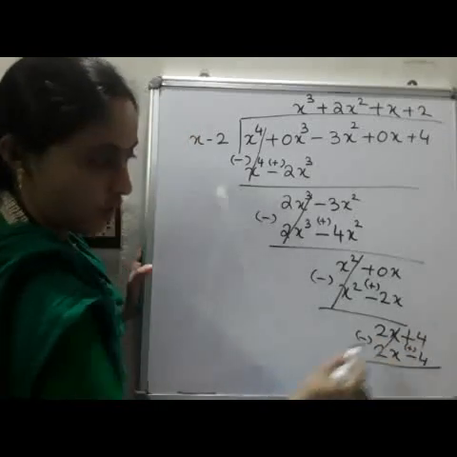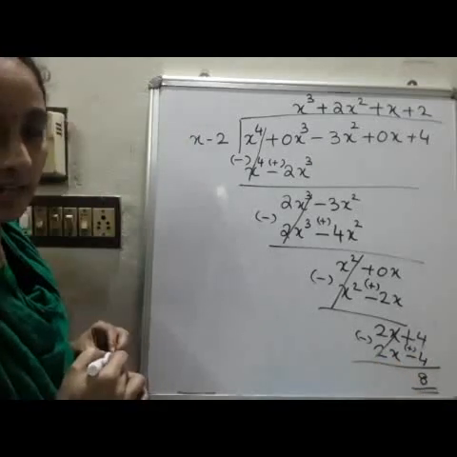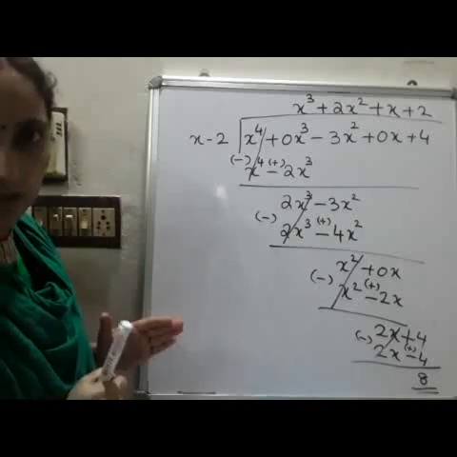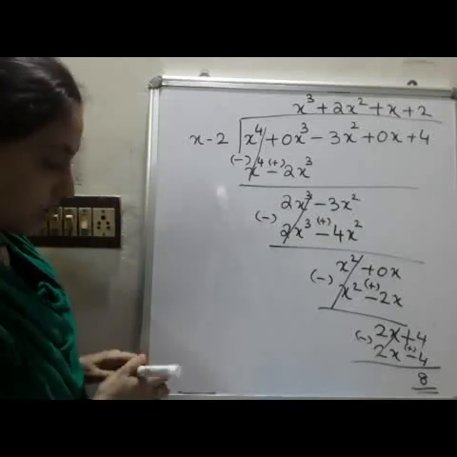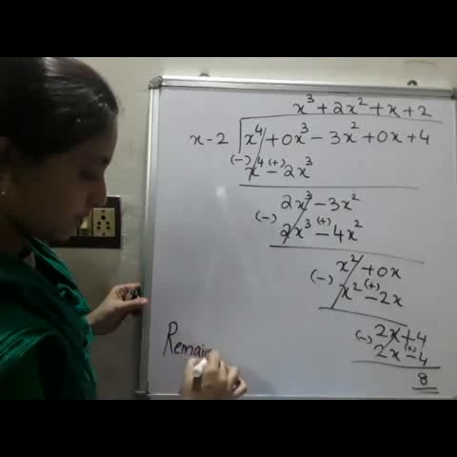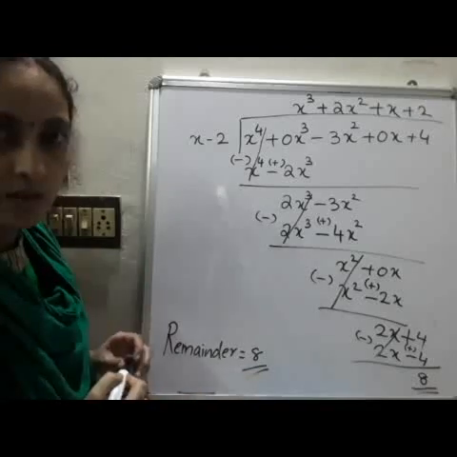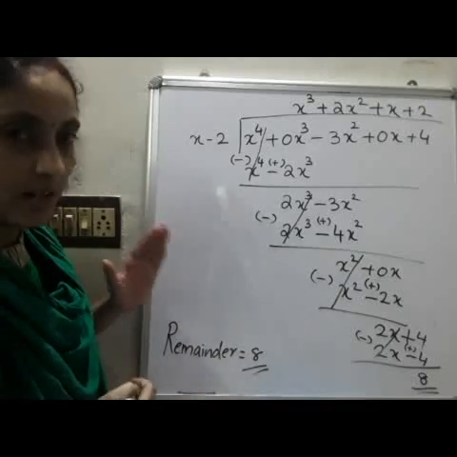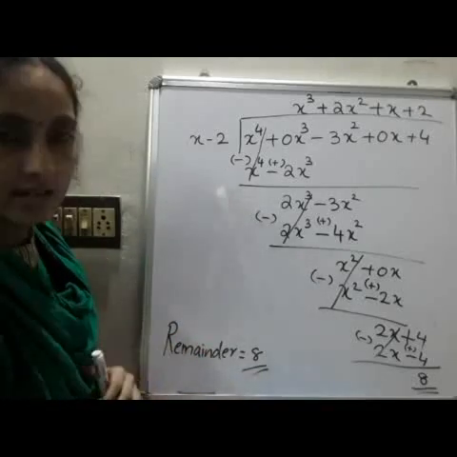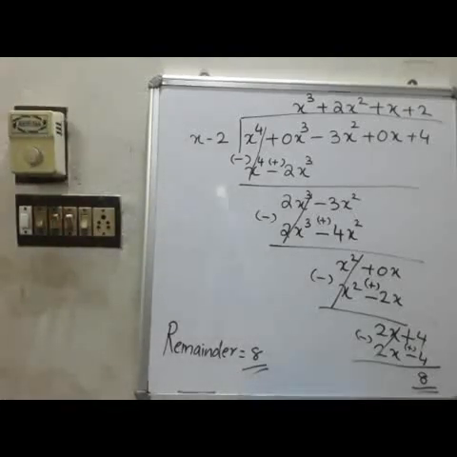This will be 0. 4 plus 4 is 8. So the remainder is 8. The question is to find the remainder, so the answer is 8. You have to write here: remainder is equal to 8. Hope you clear this question. Do it individually and verify whether your answer is right or wrong. So please do it.